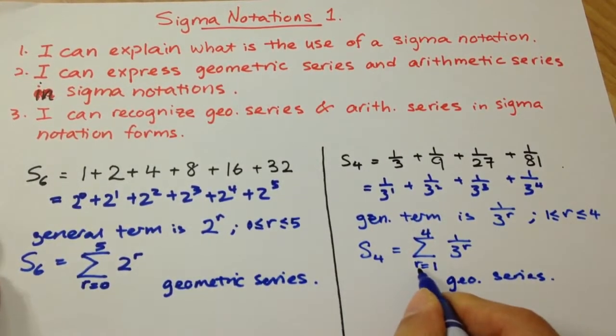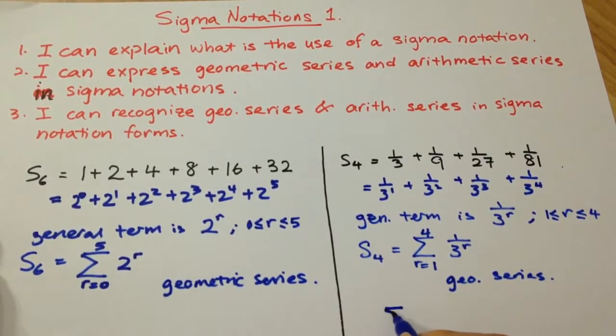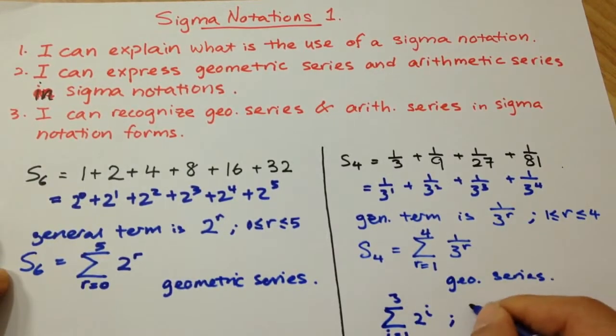Now, this is what we call the counter for the summation, right? And the counter here doesn't always have to be r. Sometimes you see it written as i from 1 to 3, for example, 2 to the power of i. It can also be written using j, j from 0 to 4, for example, 2 plus j.